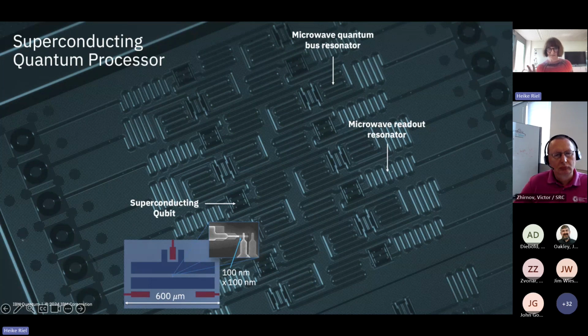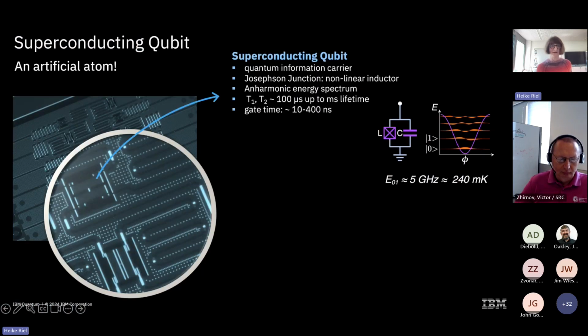So they are very easy to fabricate. Of course, the details are important. Then you have, as other components, a microwave quantum bus resonator in order to talk to the different qubits, and also a microwave readout resonator, because you operate the superconducting qubit in the range of gigahertz.